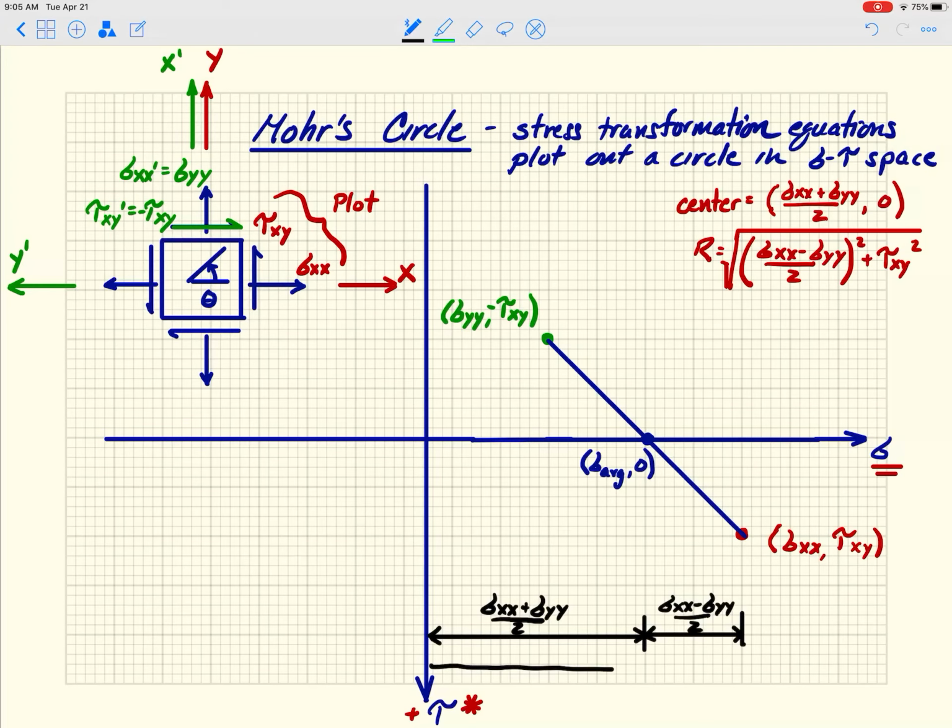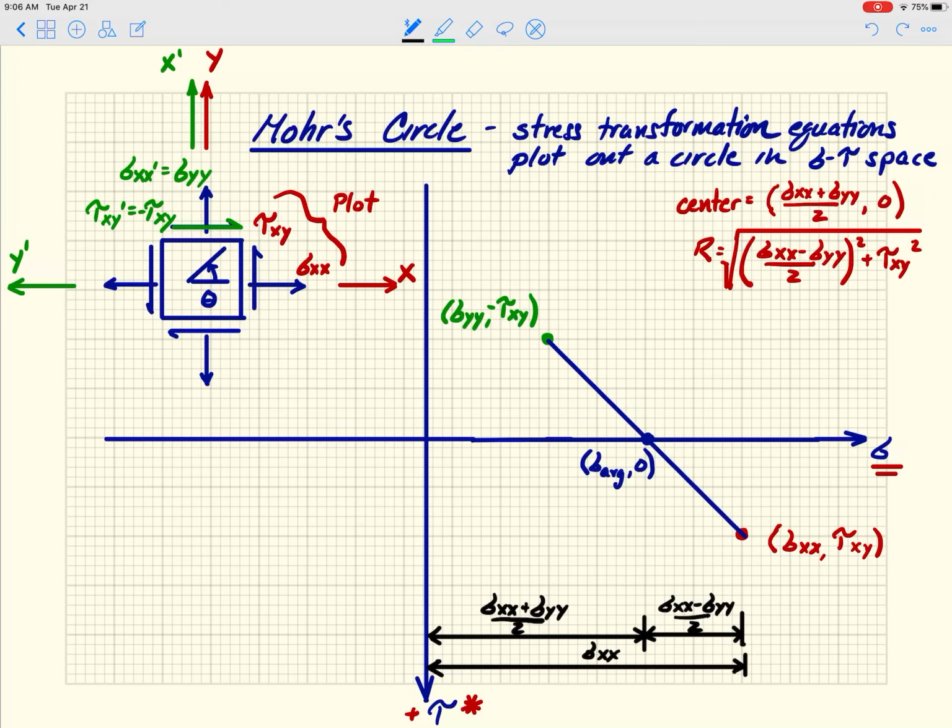And if you look, the entire dimension from here to here, that's just sigma xx. So if I add those two terms together above, it just ends up with sigma xx. And that's, of course, exactly what it is.